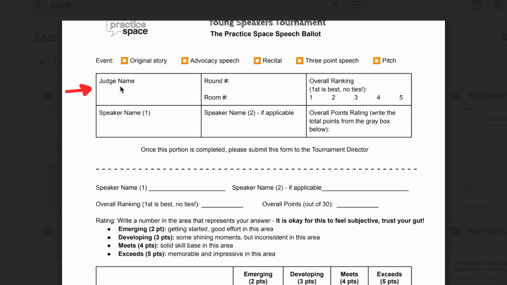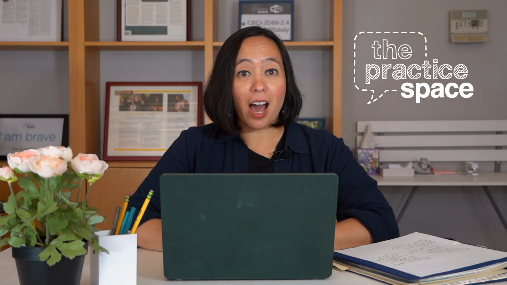Next, we have your judge name, that's you, your round, your room number, so if this is first round in room 302, you put that there, and the speaker name. Sometimes they'll be in pairs, in which case you would add another name if applicable. The most important piece here is the overall ranking. There are no ties for the ranking.